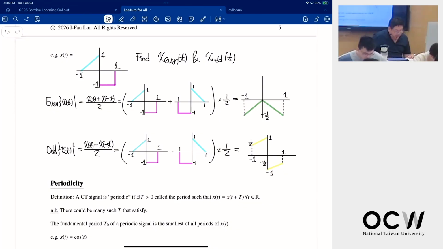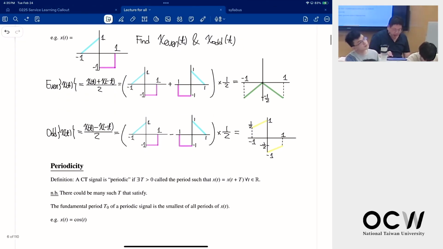Another concept that we have to know before we really talk about the systems is periodicity. So we will define whether the signal is periodic or not.